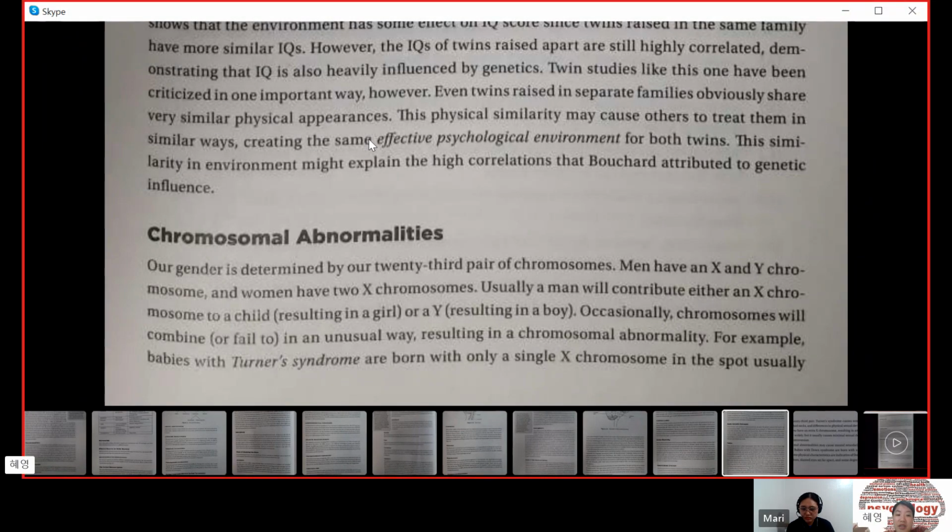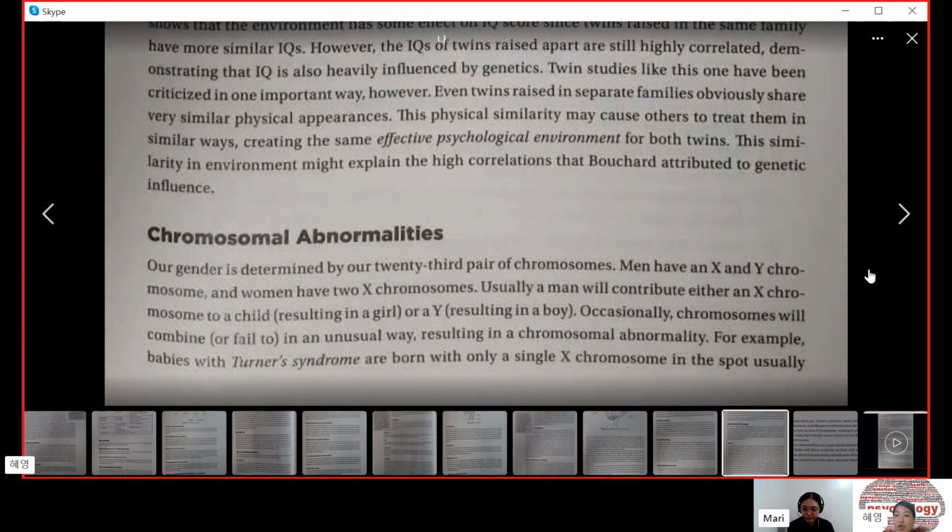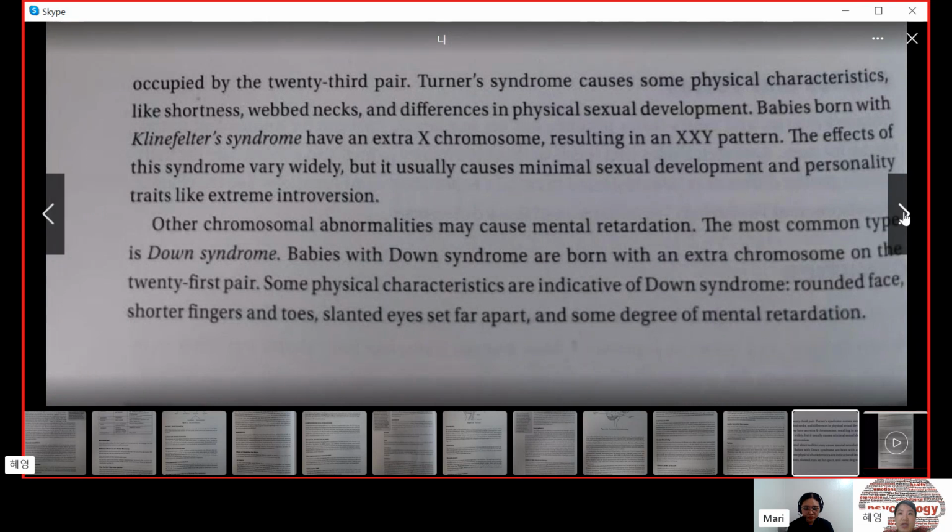For example, babies with Turner syndrome are born with only a single chromosome in the spot usually occupied by the 23rd pair. Turner syndrome causes some physical characteristics like shortness, webbed necks, and differences in physical sexual development.